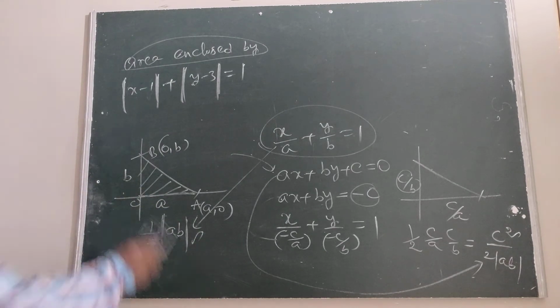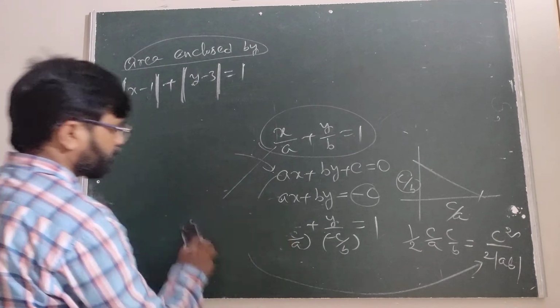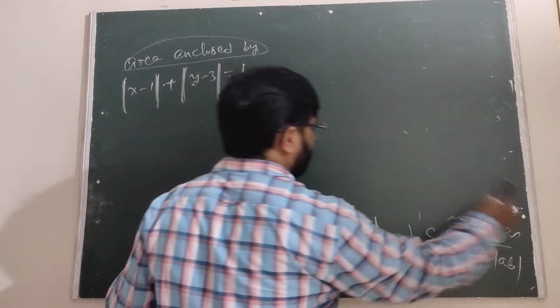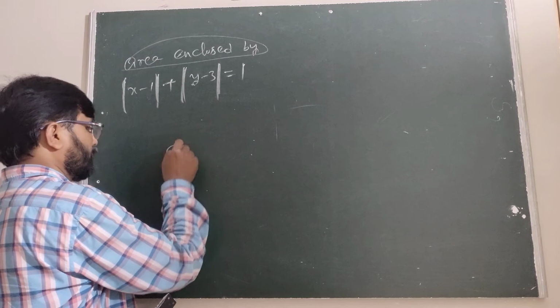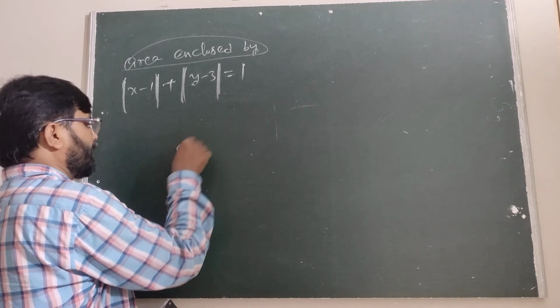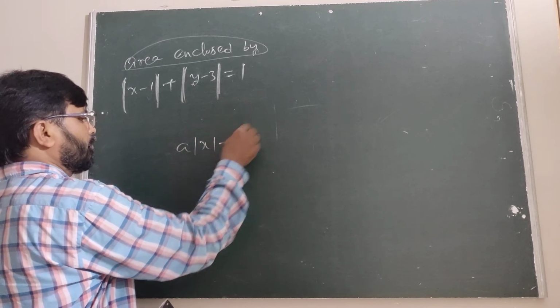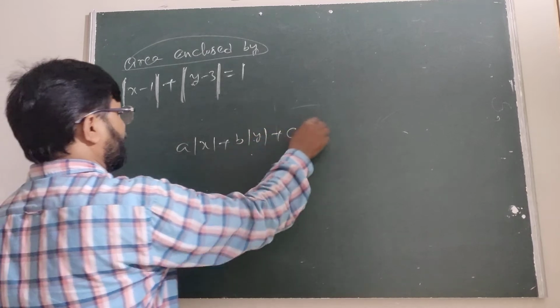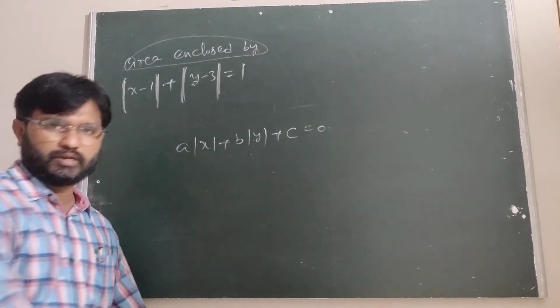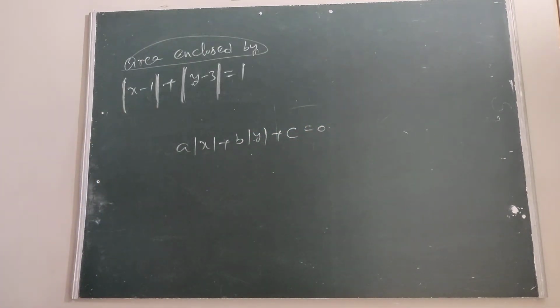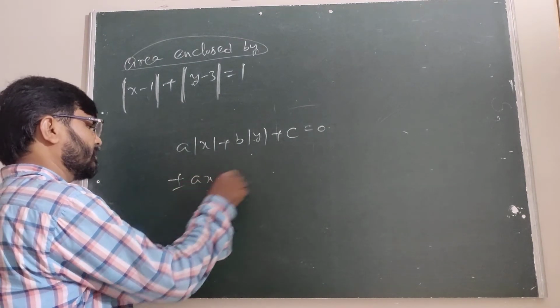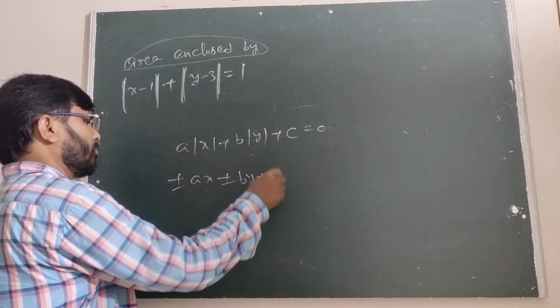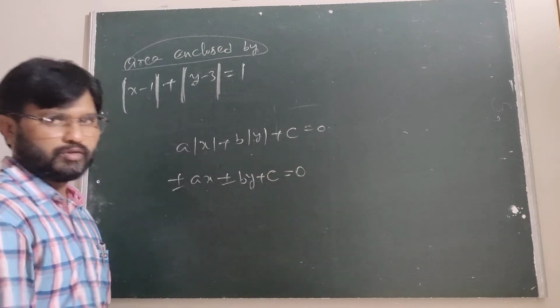Suppose it is given, all of you listen, the area enclosed by a mod x plus b mod y plus c equals 0. How to write this one? This is plus or minus ax plus or minus by plus c equals 0.